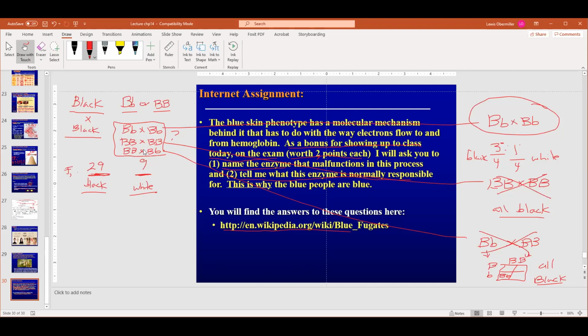There is a little bit of variation here, like flipping a coin. If you flipped it 10 times, it's not always going to come up 5 times heads and 5 times tails. But we can eliminate the other ones, and so we know for sure this is the genotype of the parents. So that's the answer to the genetics problem.